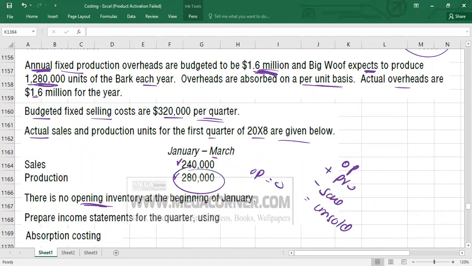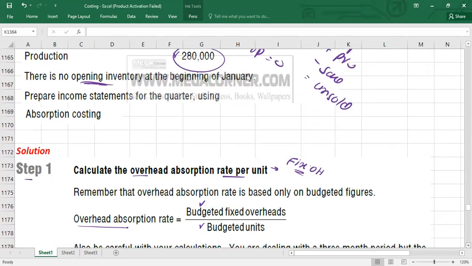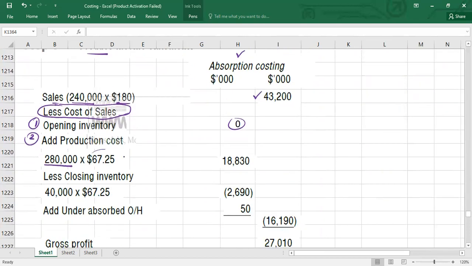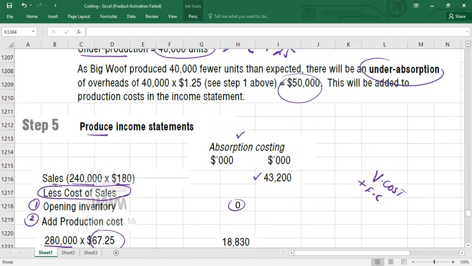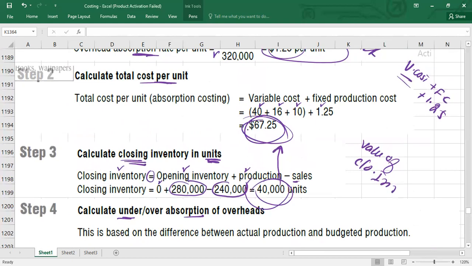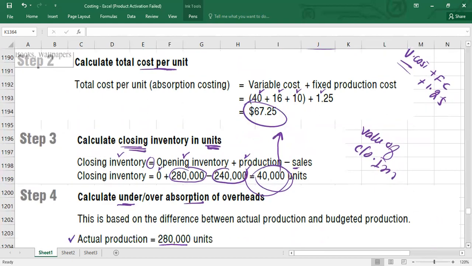280,000 units production here, multiplied by product cost, and the product cost we just calculated here is 67.25, because it includes variable cost plus fixed cost. This value, 67.25, is your product cost.